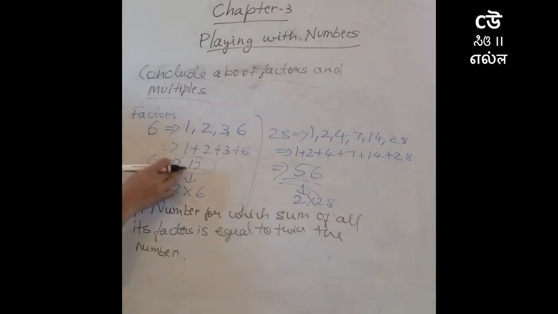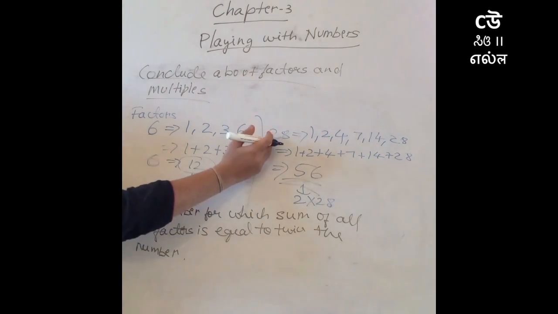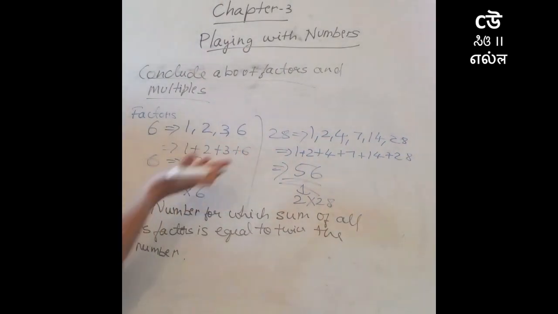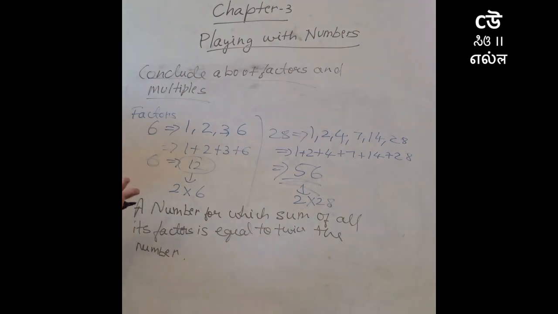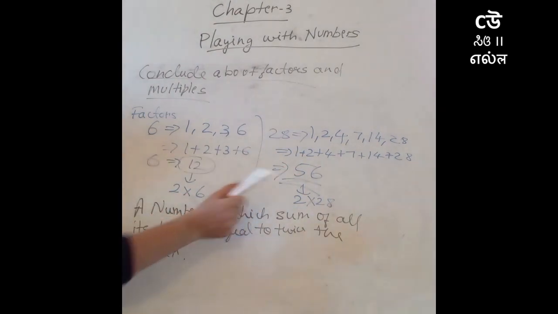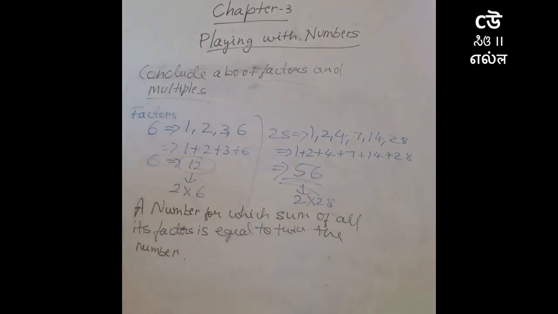If we multiply, you will get 12. And twice 28 will give 56 as the answer. So the sum of all factors of a number is equal to twice that number. So we can write 2 into 28 or 2 into 6.